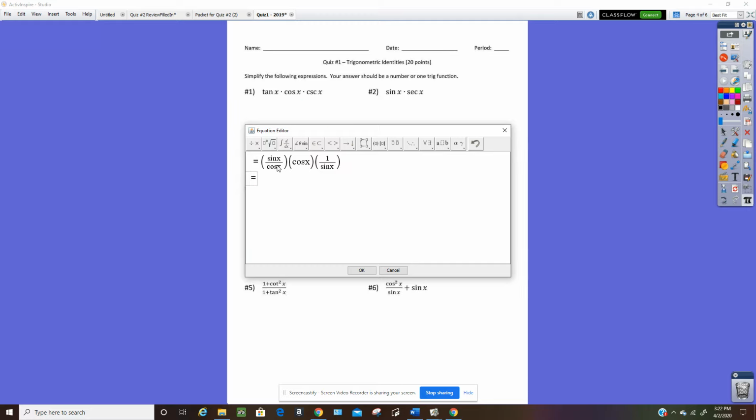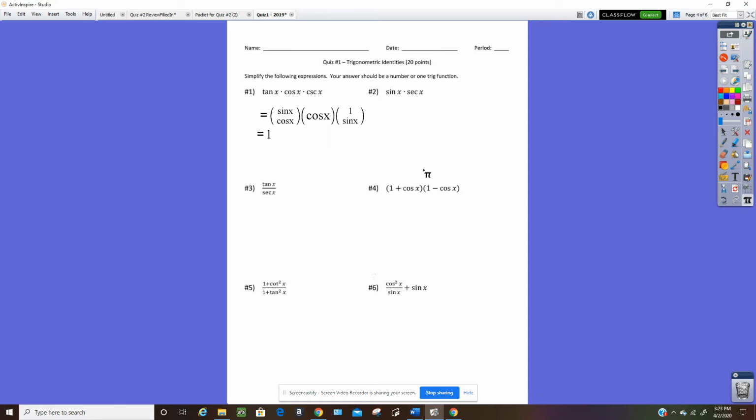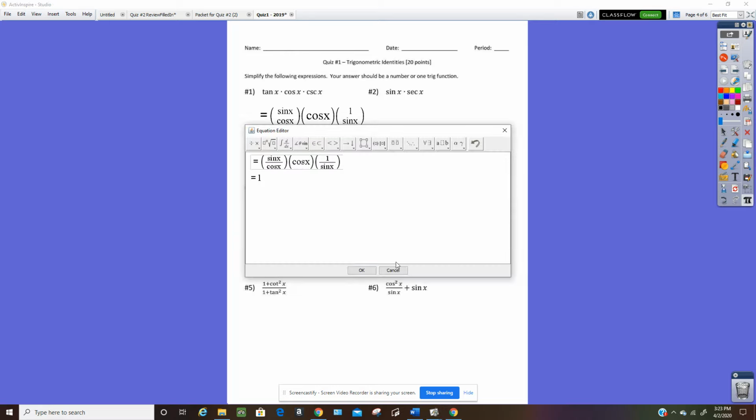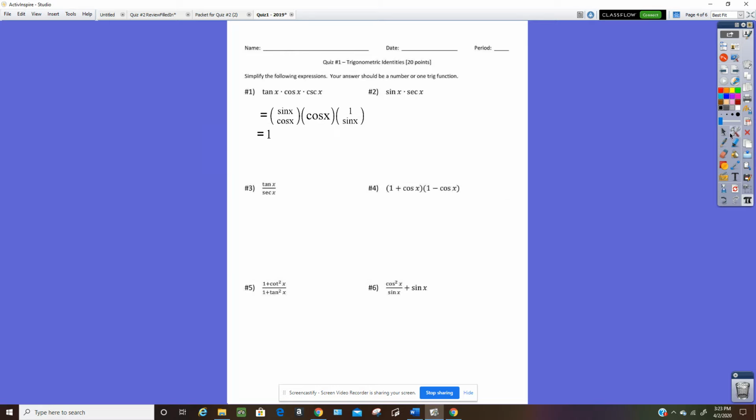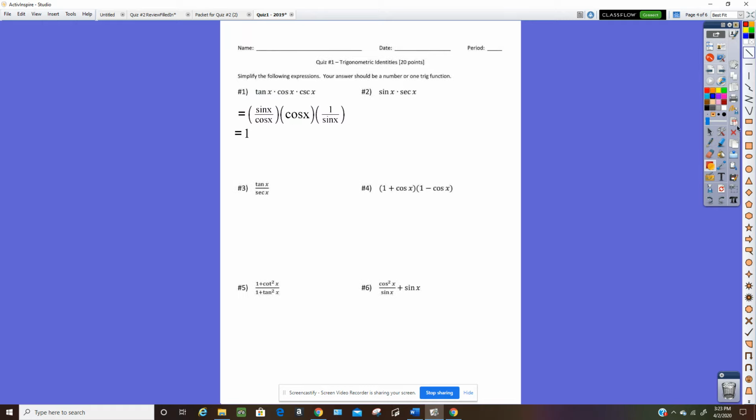So here, the cosines are going to cancel and the sines are going to cancel, so this all equals 1. If I illustrate that by crossing these off here, the cosines cancel with each other and the sines cancel with each other. So we're just left with 1.